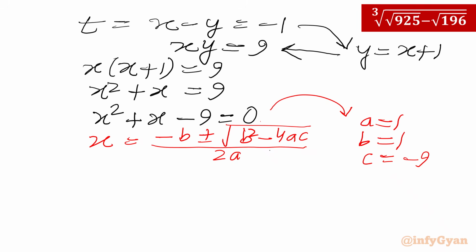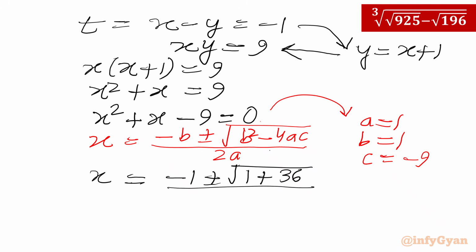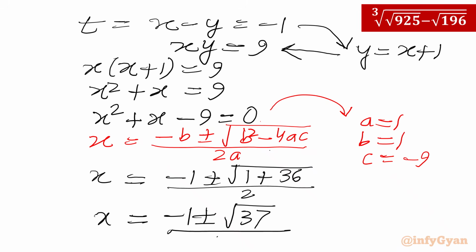Let's plug in all the values to find x. So x will be equal to minus b, minus 1 plus minus square root of 1 square is 1, minus 4 times 1 times minus 9 plus 36 over 2. So we are having two x values, minus 1 plus minus square root 37 over 2.